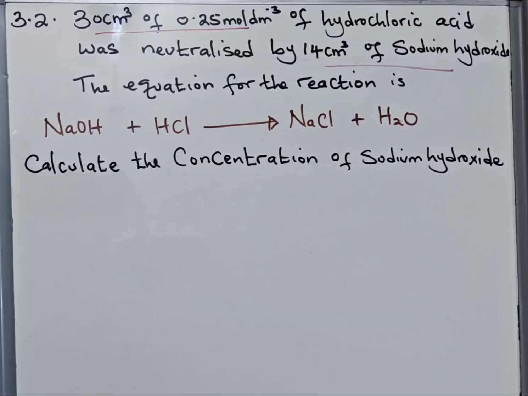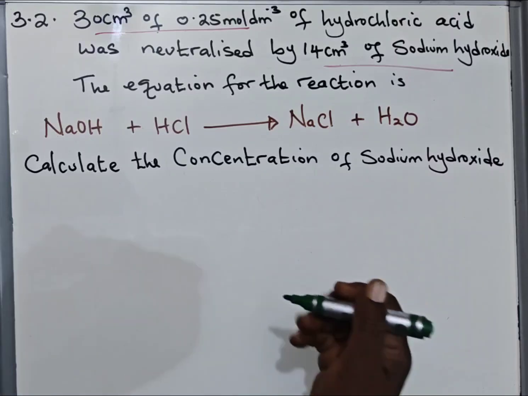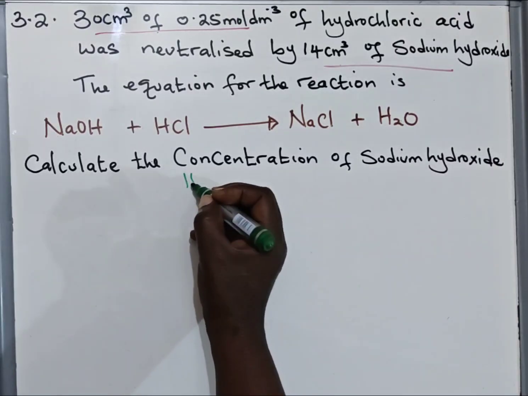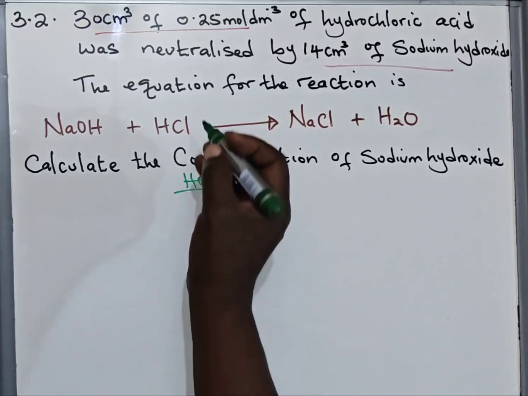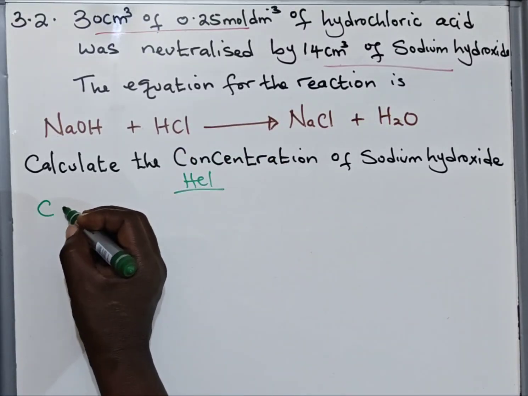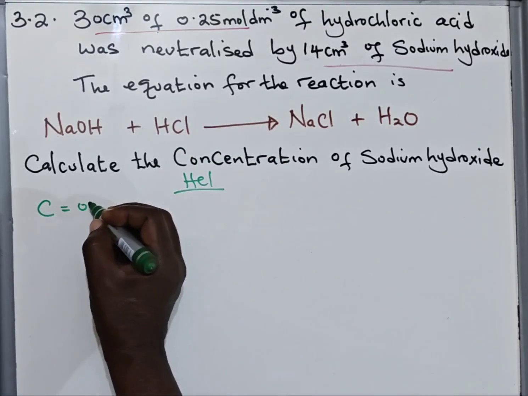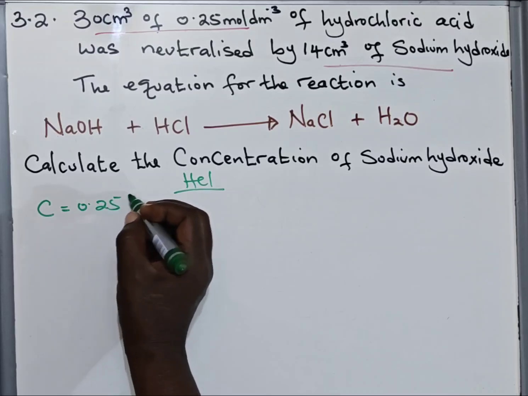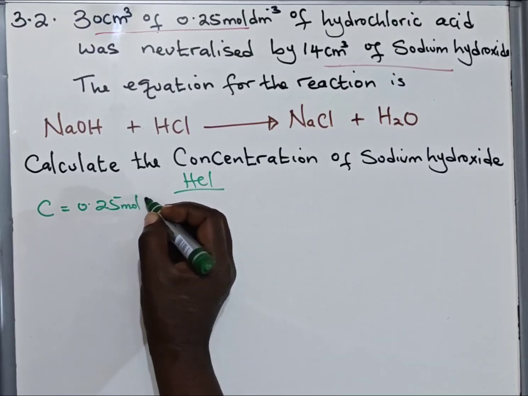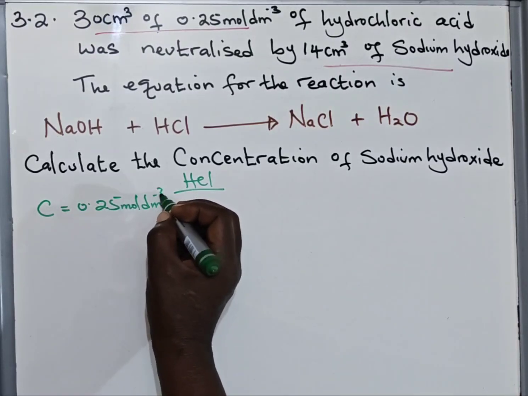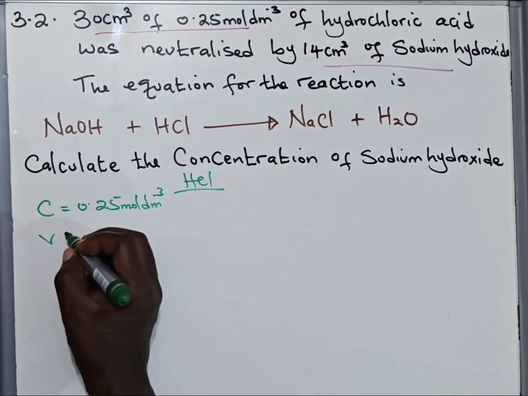And when you check, what do you know about hydrochloric acid? We know the concentration, which is 0.25 moles per cubic decimeter. You know the volume.